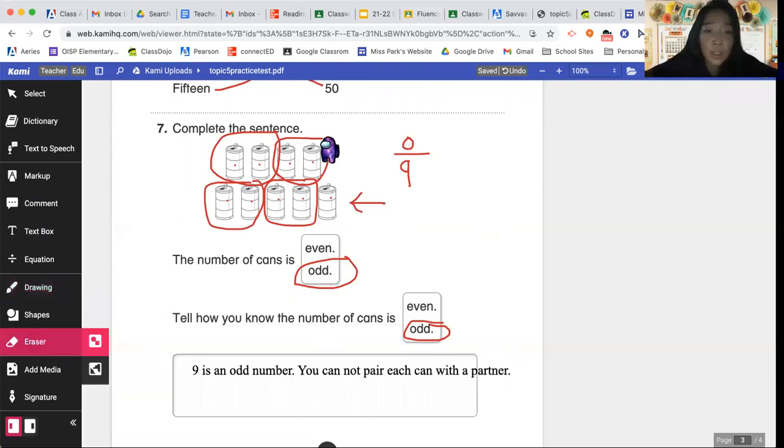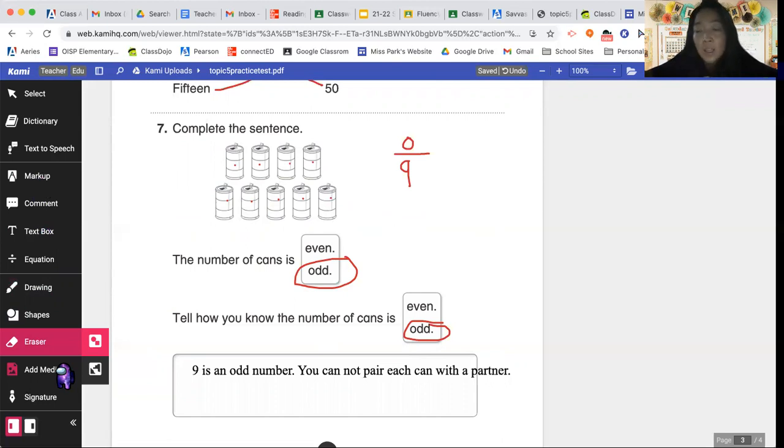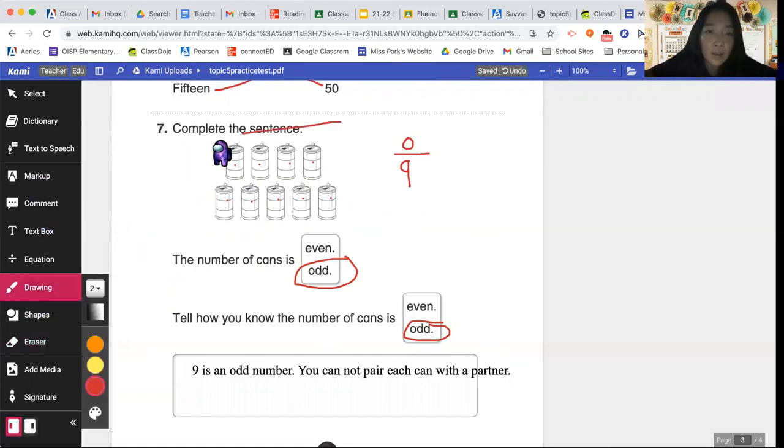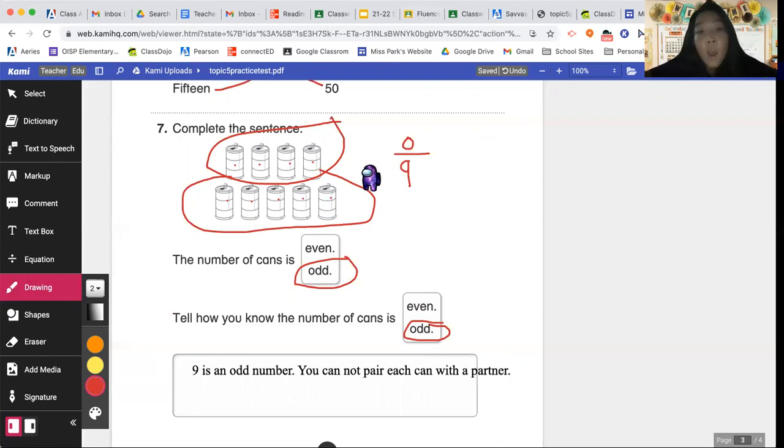Another way that you can do this is by making teams. Let's say that we're going to play a game where you need to split up into 2 equal teams, team A and team B. So these people are going to be on team A, and these people will be on team B. But uh-oh, there's 4 people in team A and there's 5 people in team B. It doesn't matter if we send this last person to team A, it's still going to be uneven.